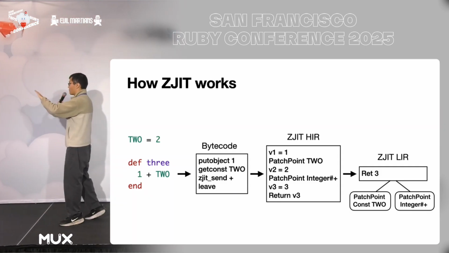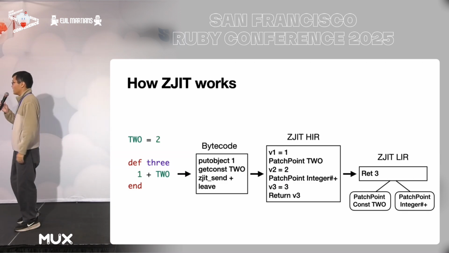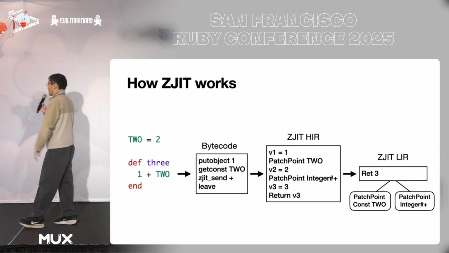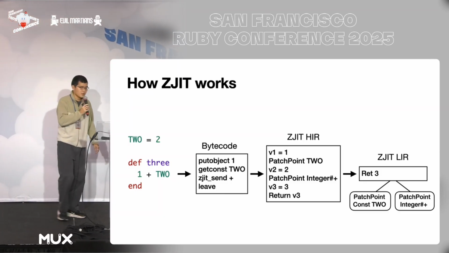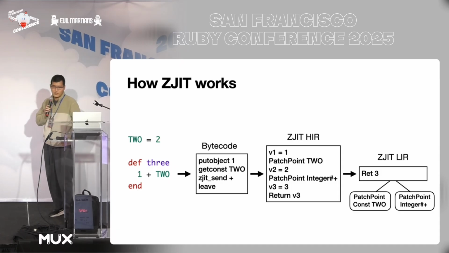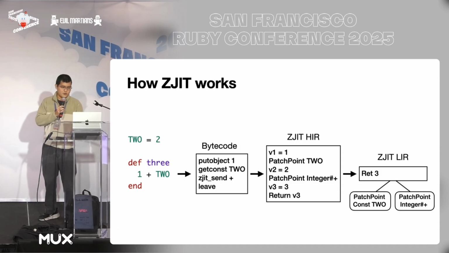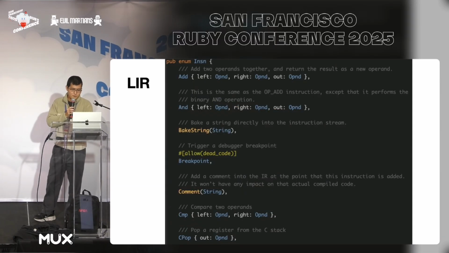But if there was no patch point for integer plus, then nobody is going to reference V1 and V2. So we're just going to drop the instruction from the IR. So nothing is going to be ever generated for such unused variables. So dead code elimination is also kind of easy with the IR.